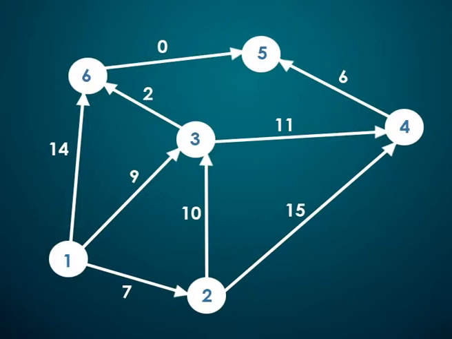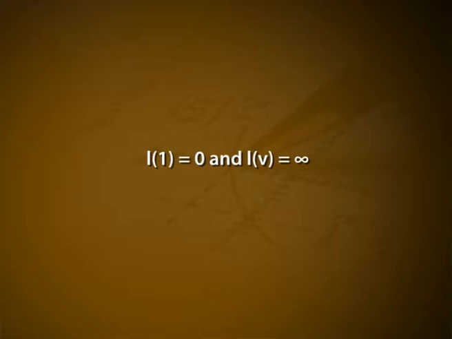Example. Let us find the shortest path from the vertex labeled 1 to the vertex labeled 5 in the given directed graph. When we follow the steps of the algorithm, as the first step, we fix L(1) equals 0 and L(V) equals infinity for all other vertices of the graph. The vertices to which we can reach from 1 are 2, 3 and 6.